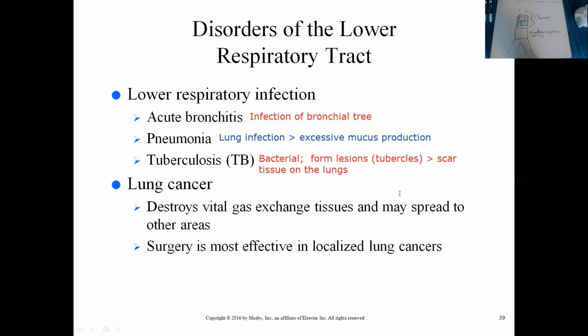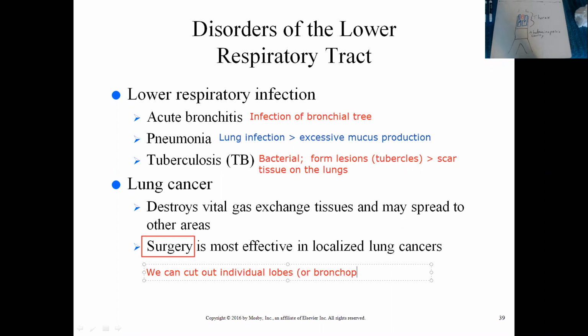And last major disorder, the lung cancers. Of course, lung cancer impedes breathing. And for lung cancer, this is one kind of cancer where surgery is often one of the major treatment options. And surgery, we can do this on the lung partly because we can cut out individual lobes or bronchopulmonary segments.